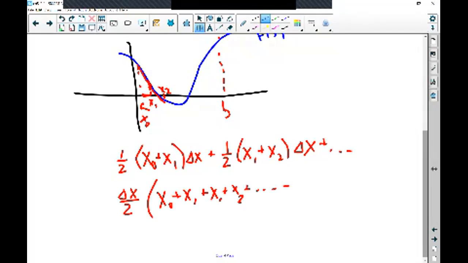That's why our middle terms, we take 2 times, I'm sorry, these should be f of x. Really neatly drawing those in.